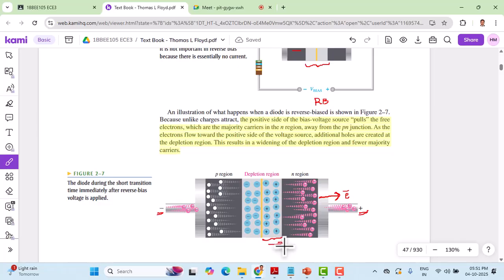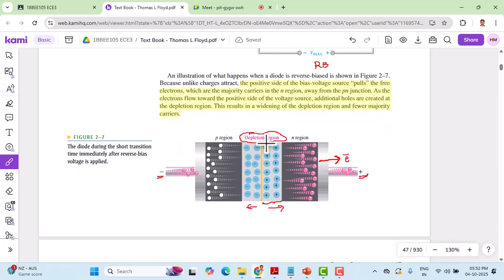The same thing happens on the P side: the negative terminal of the battery attracts all the holes present here, which leaves negative charges behind and creates a depletion region that expands when you apply a large reverse voltage. Because of this, the attraction of unlike charges to the battery happens on both sides, and this expands the complete depletion region.